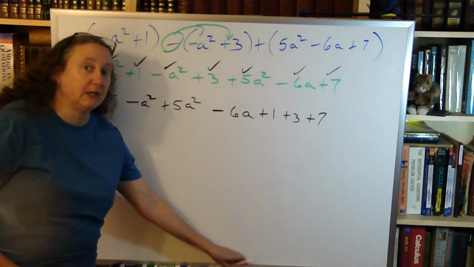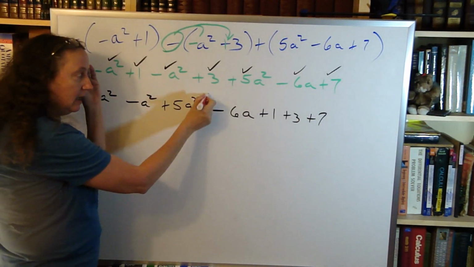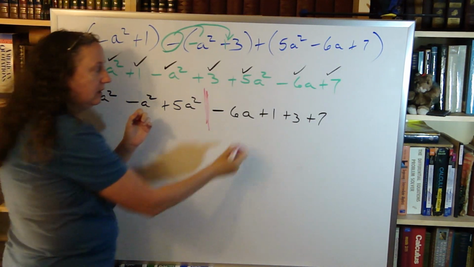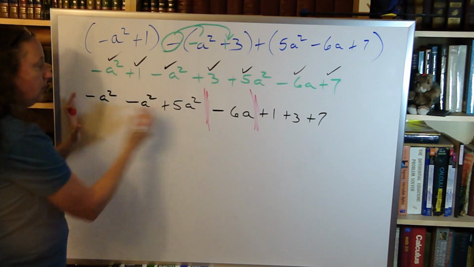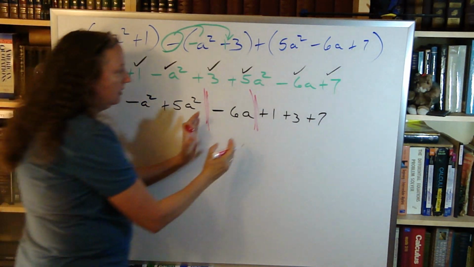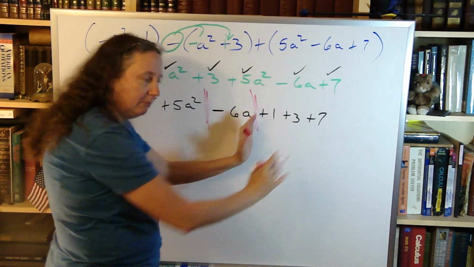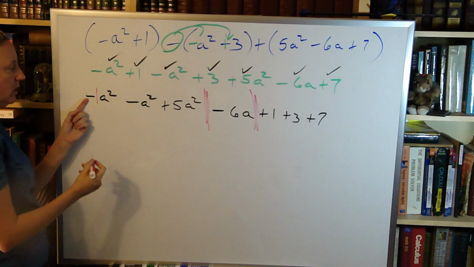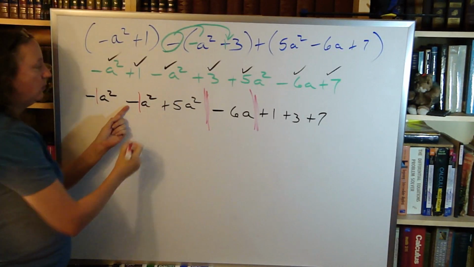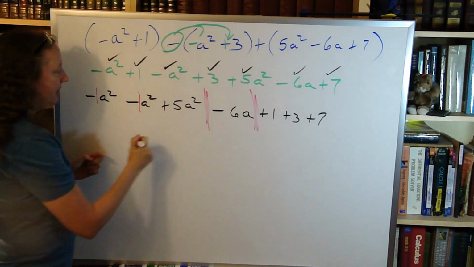Now that I have everything lined up, I can combine like terms. So I'm going to, in my head, split this up into its like terms, so that I know I'm only working with this when I'm combining. That's already done, and then when I combine them, I'm only working with them. So minus, multiply the 1 in, minus 1a squared, minus 1a squared, plus 5a squared.